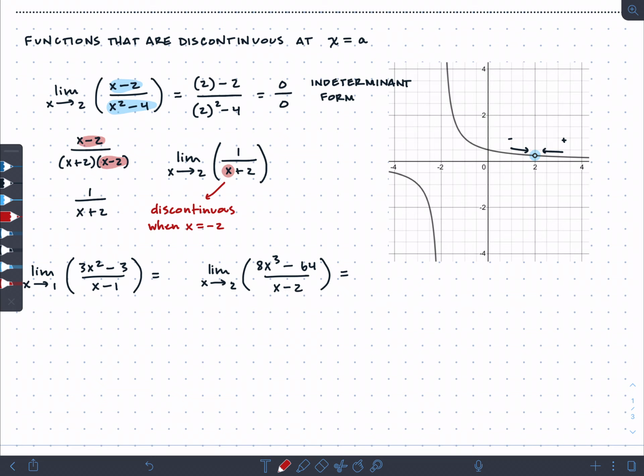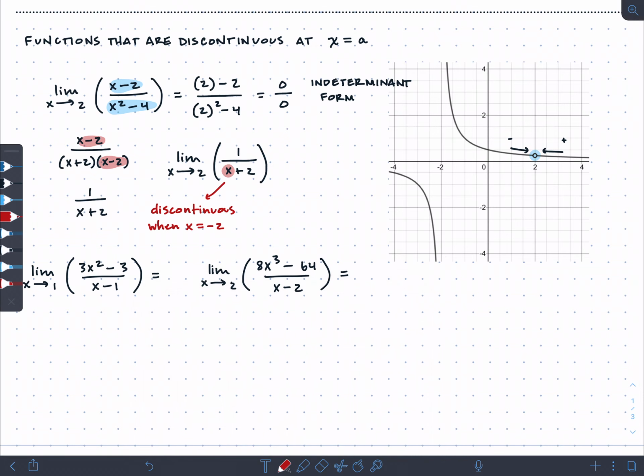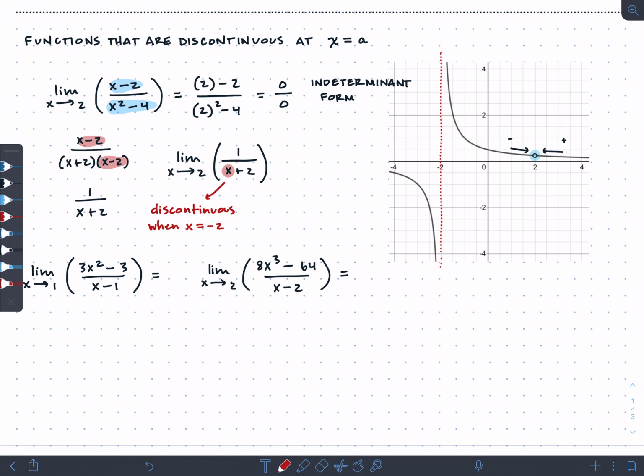And you can actually see that here on the graph. We have our vertical asymptote here where it's discontinuous.